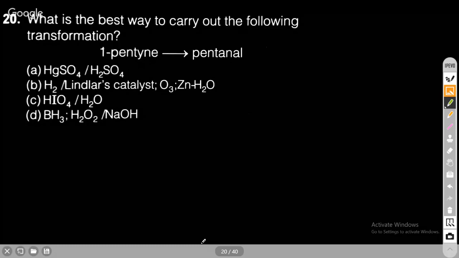We have to convert triple bond into, what is this reagent, HgSO4 and H2SO4?